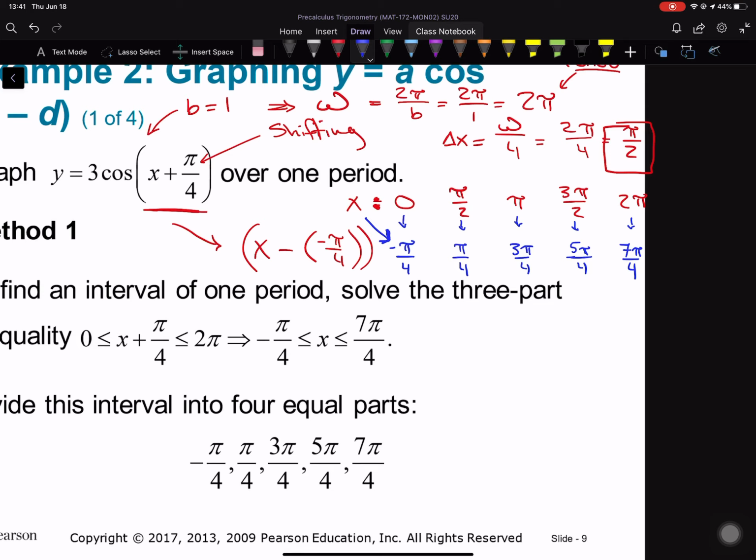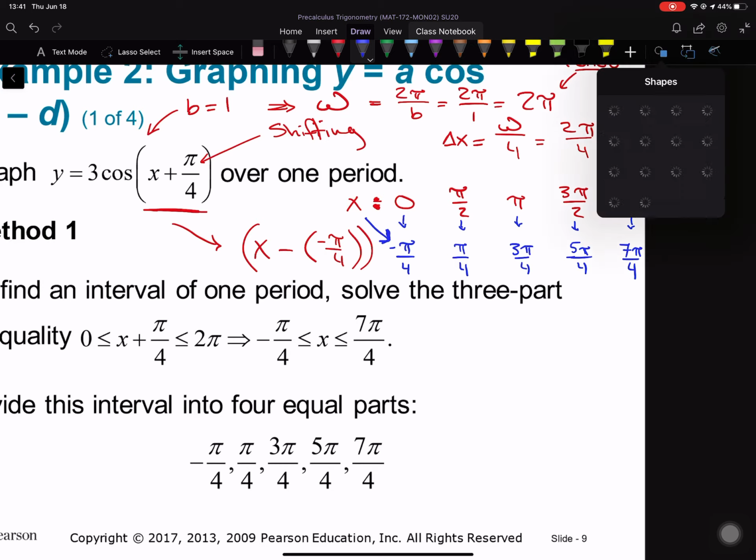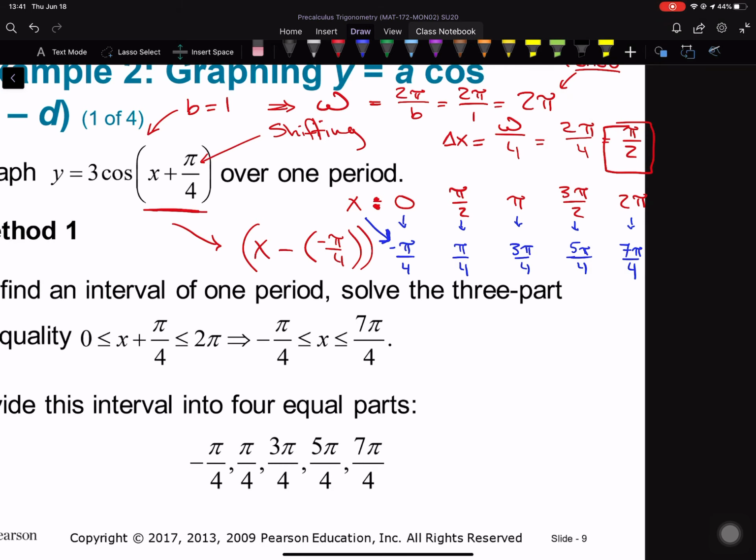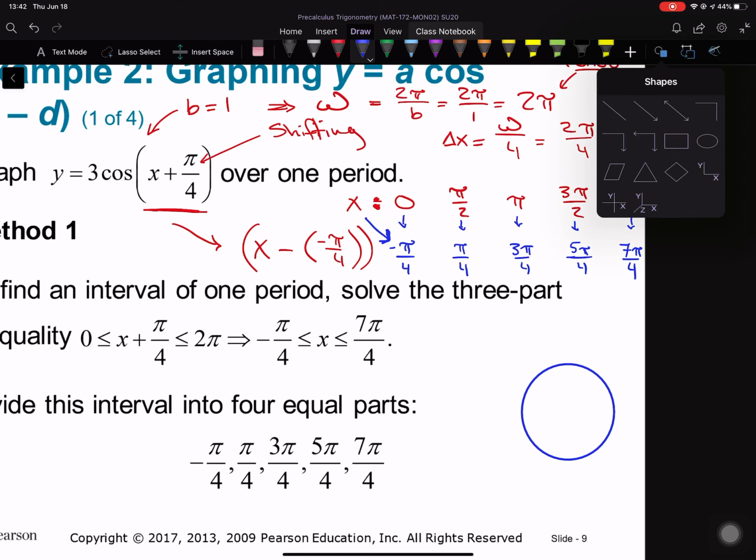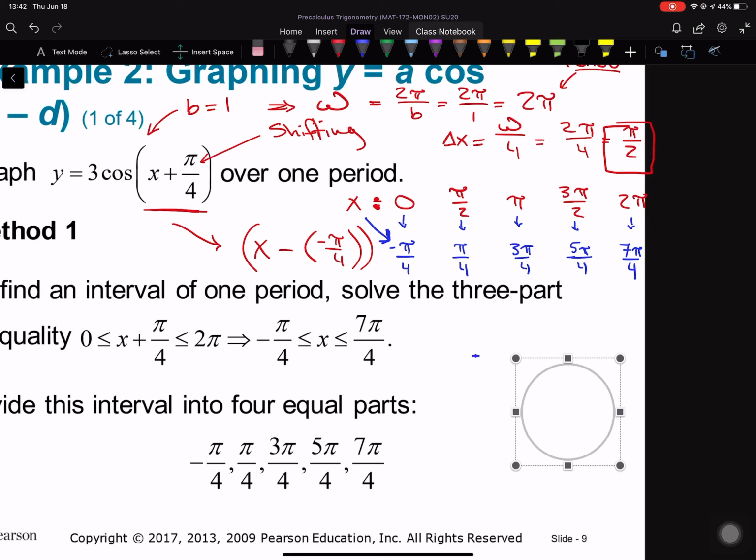And again, that trick that I taught you about where cosine or sine starts will still apply here. You can just use a tiny unit circle, and it should work out for you. So let me get a little Cartesian plane here.